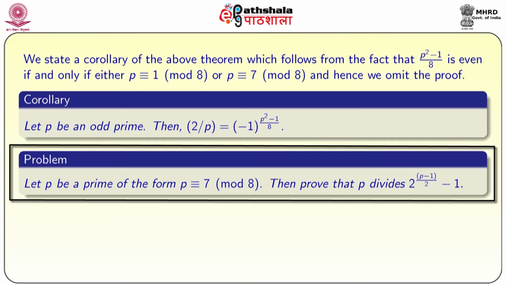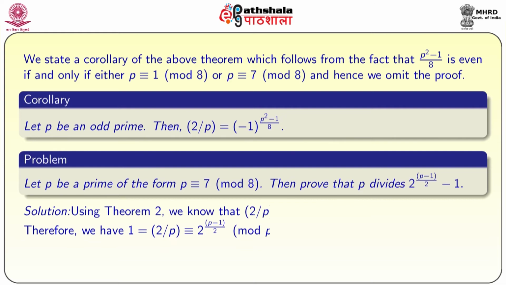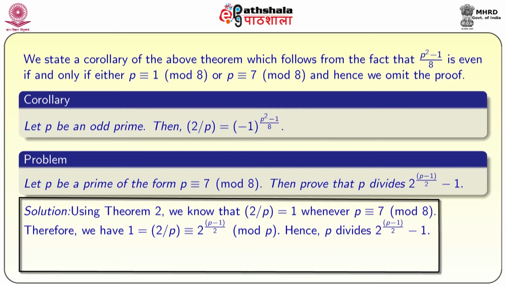So, one of the problems is: let p be a prime of the form p congruent to 7 mod 8, then prove that p divides 2^((p-1)/2) minus 1. The solution goes like this. By the previous theorem we know that (2/p) is equal to 1 whenever p is congruent to 7 mod 8.